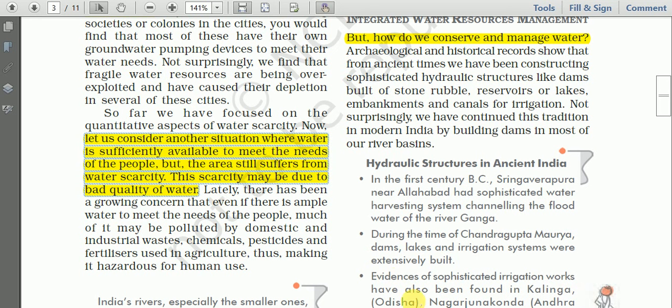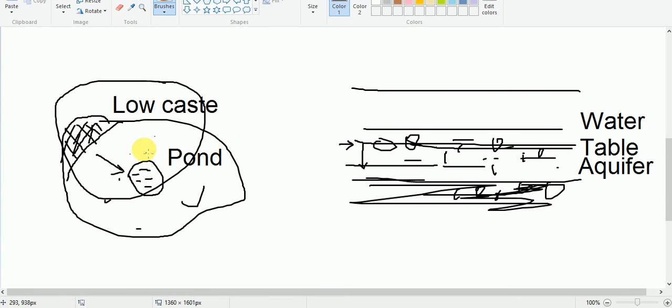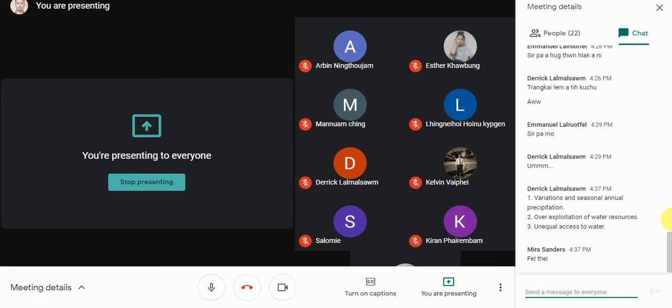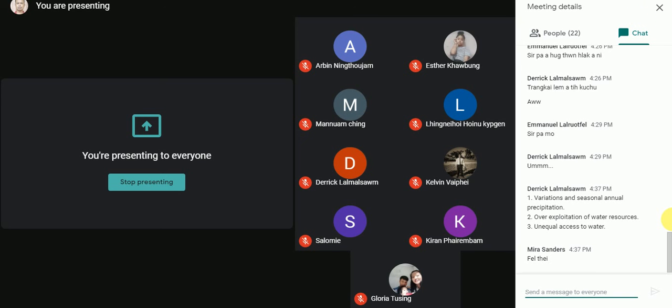Let us suppose this village pond is polluted. If the village pond is polluted, not only the low caste section, the whole general public will have scarcity of water because water is polluted. So you can add pollution of water as another important cause of this scarcity of water.